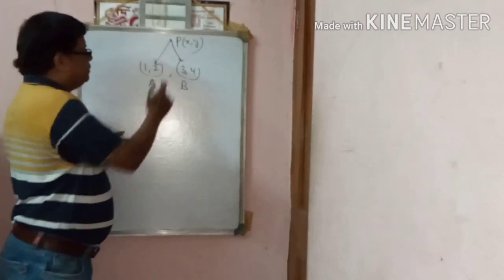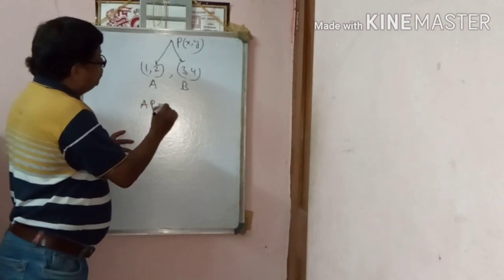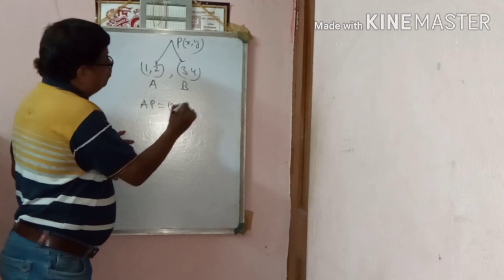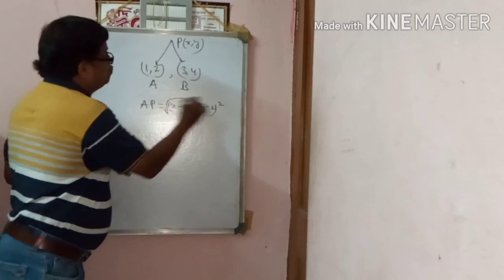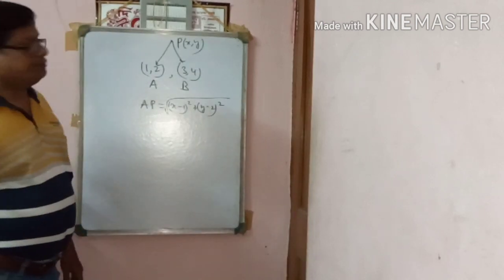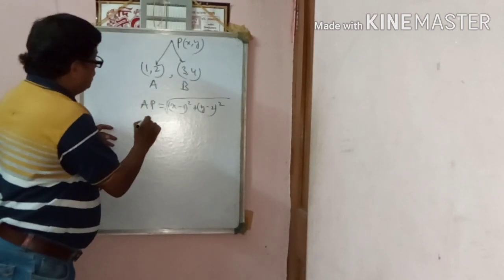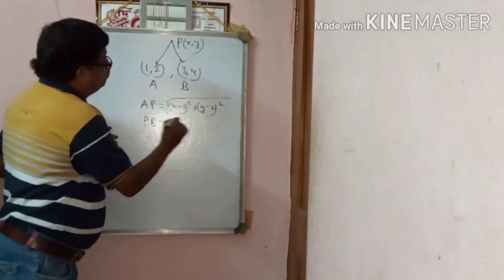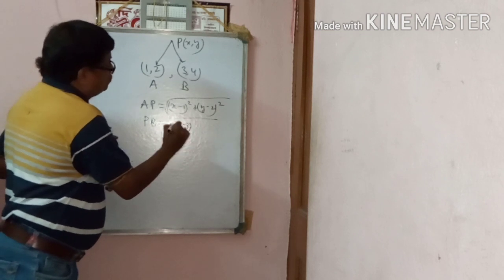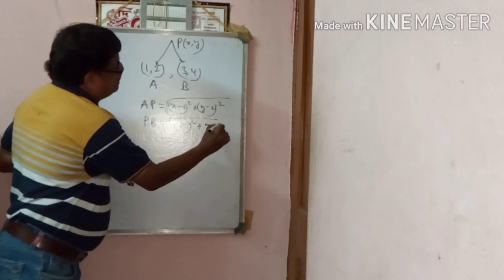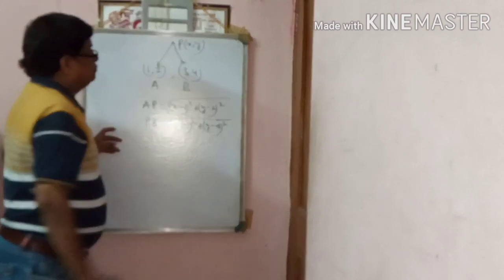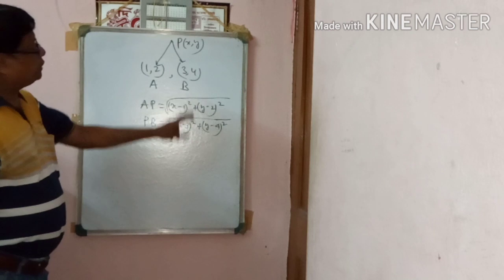So let P(x, y) be given. First find AP, that is the root of x minus 1 whole square plus y minus 2 whole square. Okay. Now find BP, so root under x minus 3 whole square plus y minus 4 whole square. Okay. Both are equal.